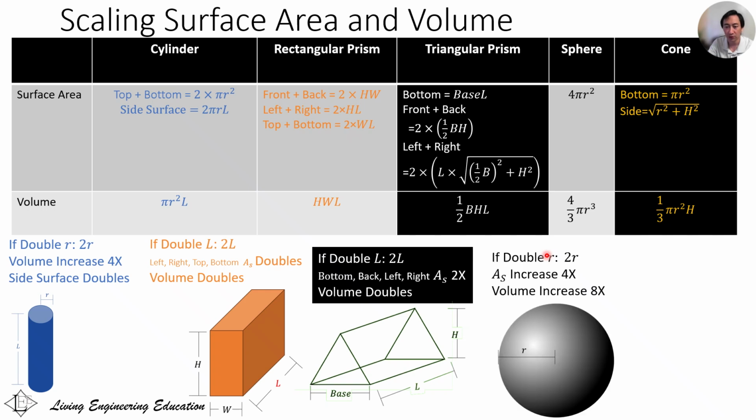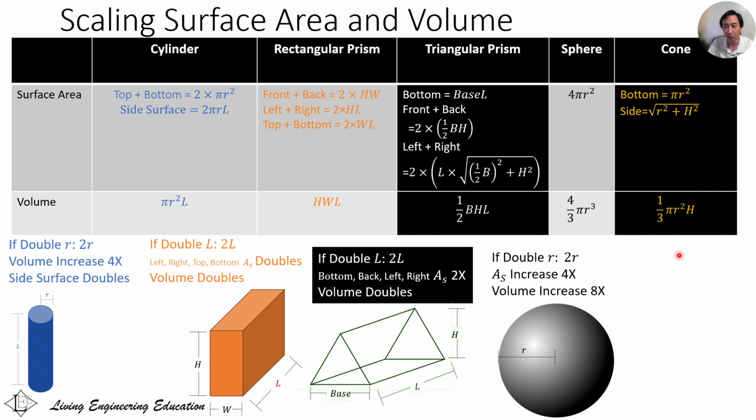Okay, for a sphere, if we double the radius R, then we can see the surface area has a square relationship, so that will be increased 4 times or quadrupled. And then we can see for the volume, since we have a cubic relationship, this will be 8 times, increase 8 times.